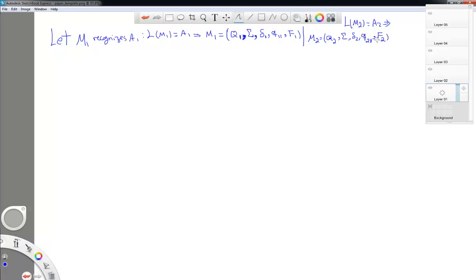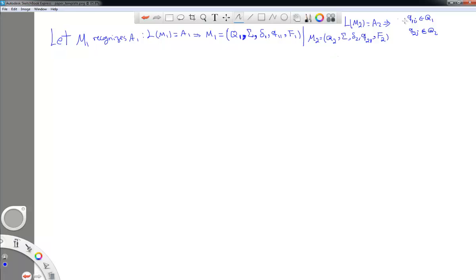Now, just to simplify my life a little bit more, here on the side of the board, I'm going to say that Q sub 1 i belongs to Q sub 1, and Q sub 2 j belongs to Q sub 2. When you see a Q with two numbers at the bottom of it, the first number is which automaton it comes from, which machine, and the second number is which state in that automaton it is.